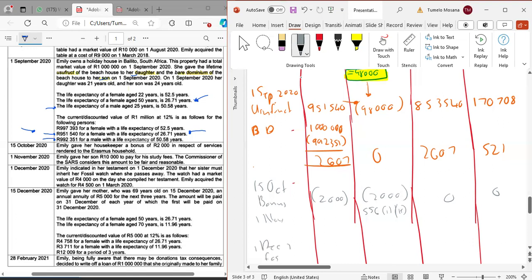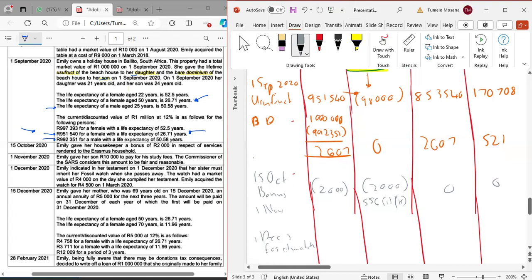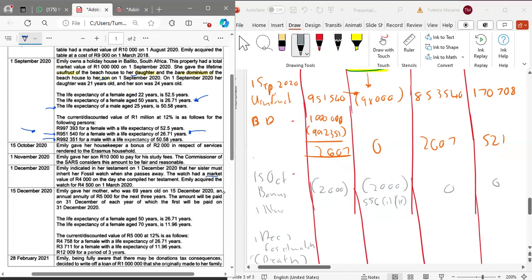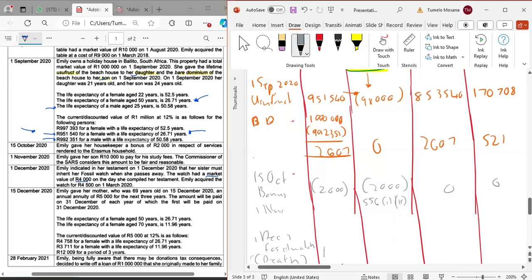Okay, fossil watch. Based on what? Based on death. This is the donation where death is relative. So what would be our treatment? First rule, market value. Market value would still use 4,000.